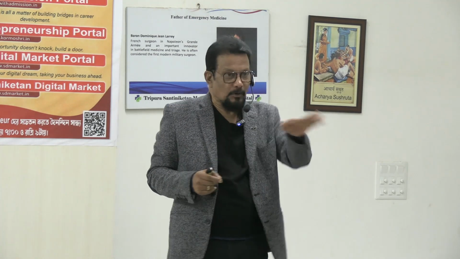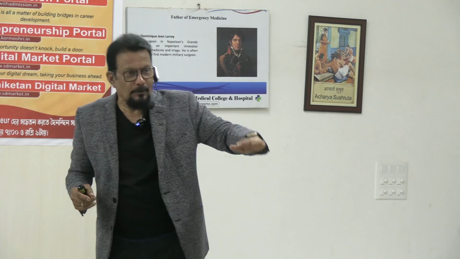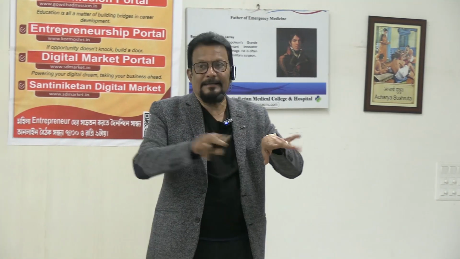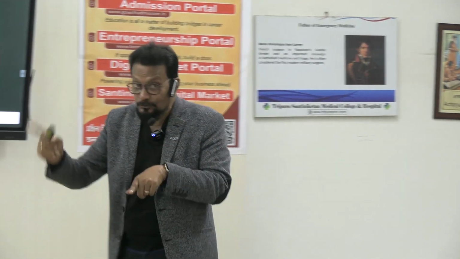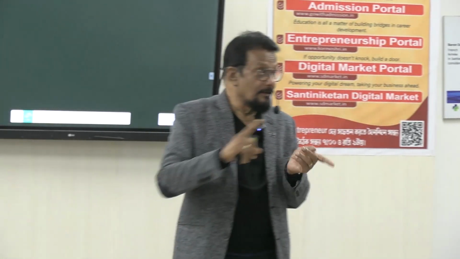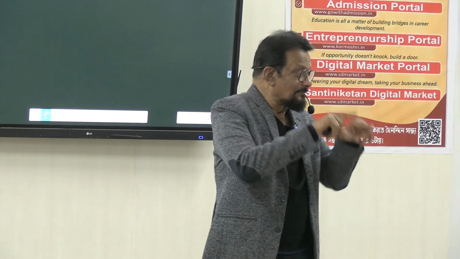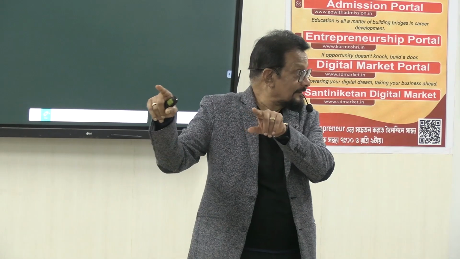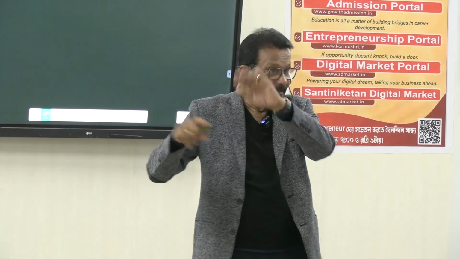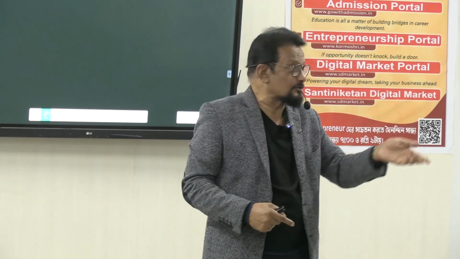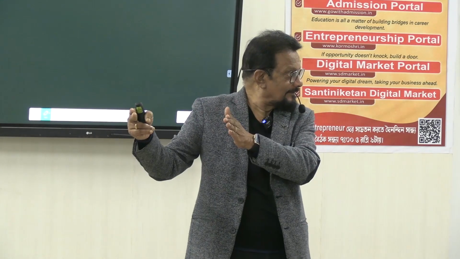Since the action potential has been generated, we know these are propagatory in nature. This action potential travels along the sarcolemma, along the axon. If there is a Schwann cell, there will be nodes of Ranvier.